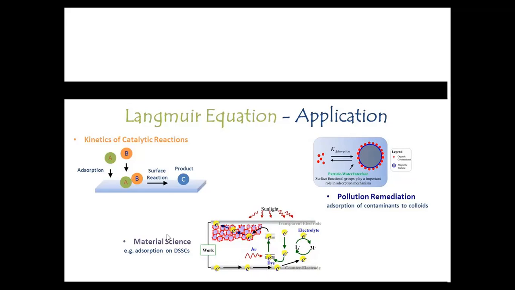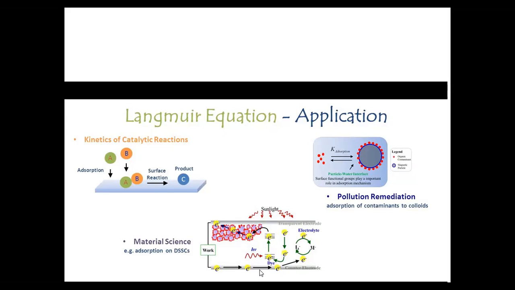So the setup is very simple, and here we are going to apply the Langmuir adsorption isotherm to calculate how sensitive the dye is towards these photons, and how many electrons are traveled with the application of this dye.